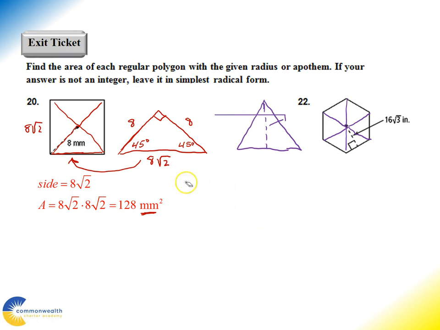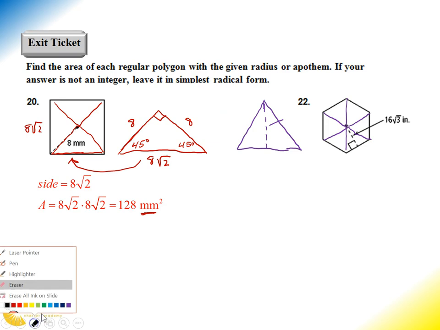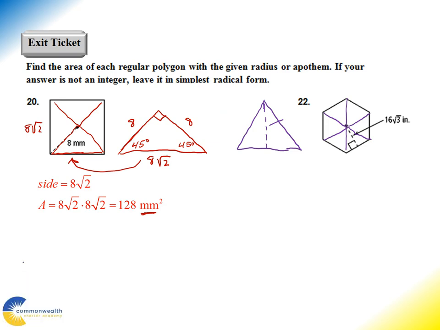Let me get that erased. Inches. But also I'm knowing that this entire angle here is 60 degrees, because I have 6 of those angles in the center, each one equal to each other and totaling 360.